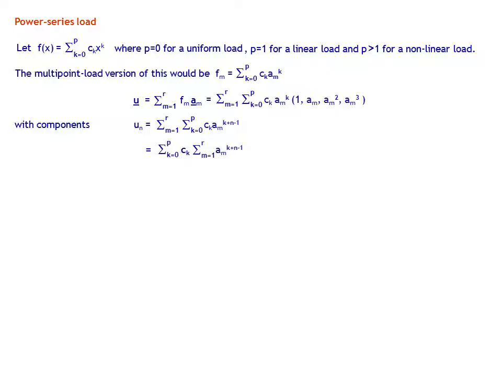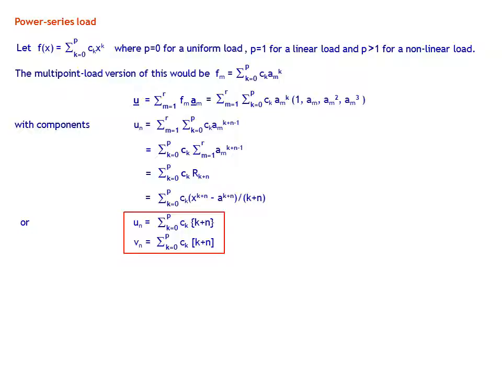If we reverse the order of summation and carry out the sum over m, we're left with the sum over k of ck r k plus n, which, after using the definition of rk plus n, becomes un equals the sum from k equals 0 to p of ck curly bracket k plus n. Vn is found to be almost the same, but with square bracket k plus n instead of curly bracket k plus n. The definitions of curly bracket n and square bracket n are reproduced here.